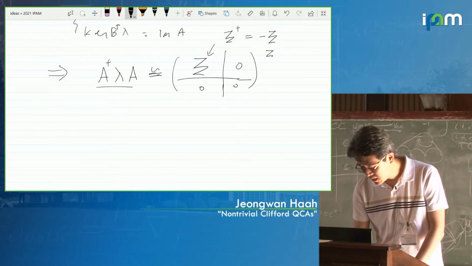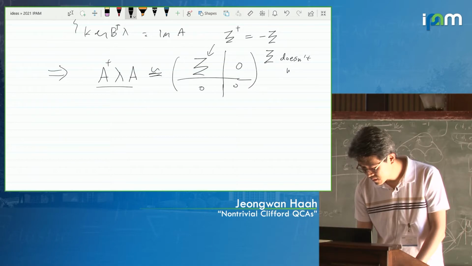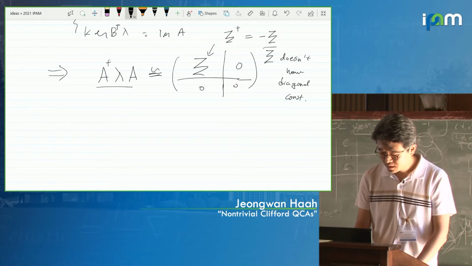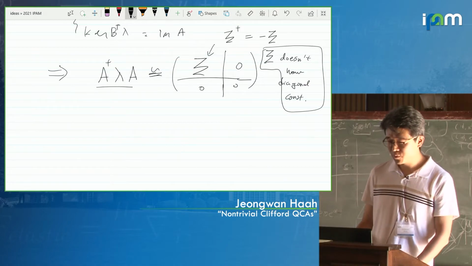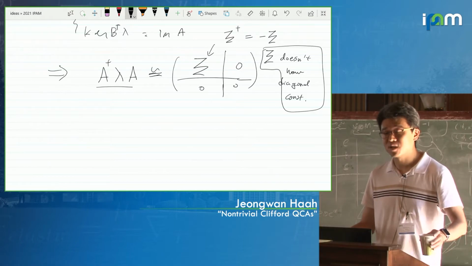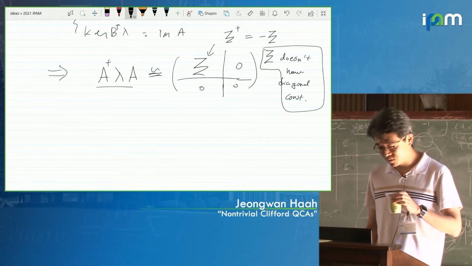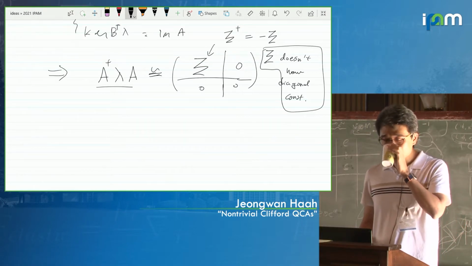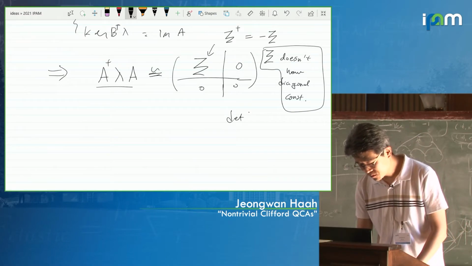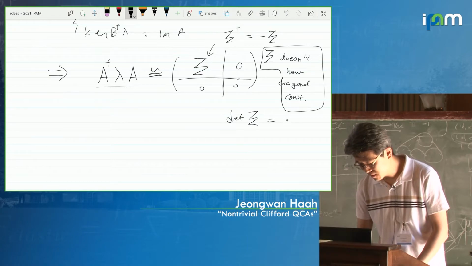And the C does not have diagonal constant terms. This piece is trivial when you work with qudits of odd prime dimensions, but non-trivial for qubits. So I include it. And you can also show that the determinant is some square number.